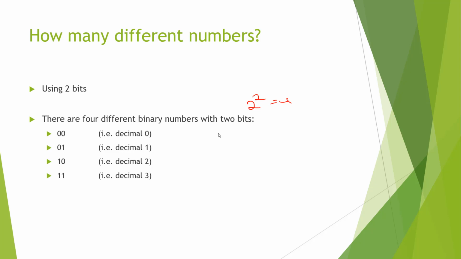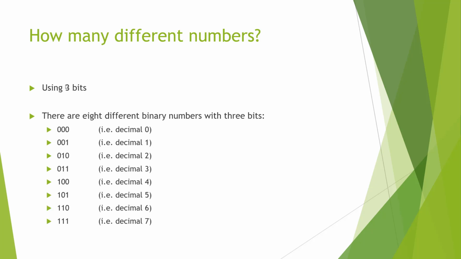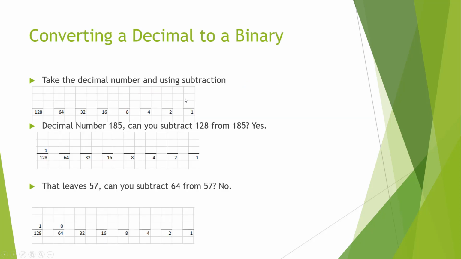That's 4 different numbers. If we know we're dealing with 3 bits, 2 to the power of 3 is 8 numbers, 0 through 7. If we know we're dealing with 4 bits, 2 to the power of 4 is 16 numbers, and so forth.